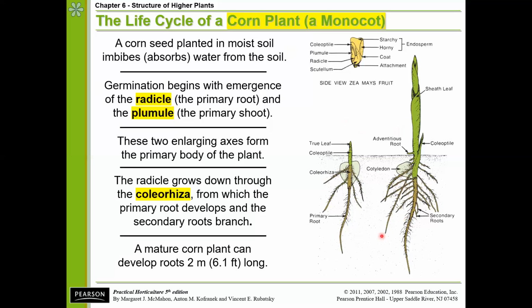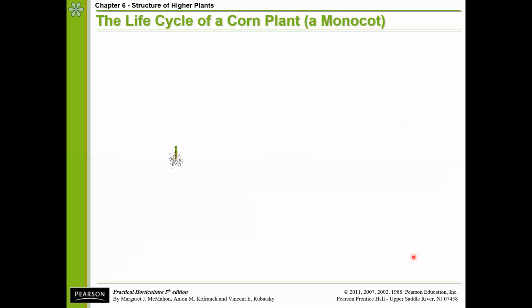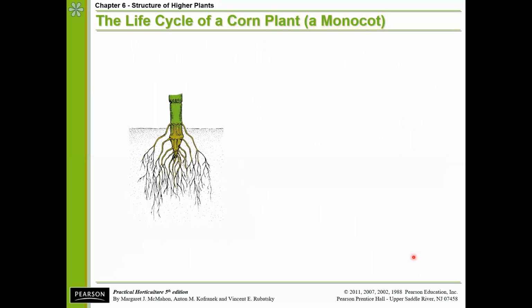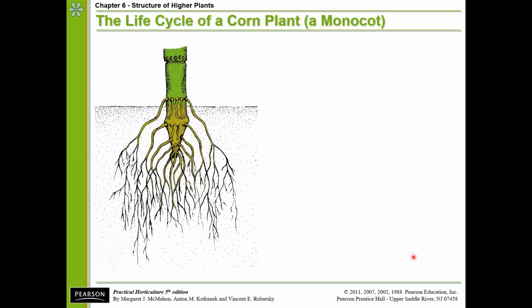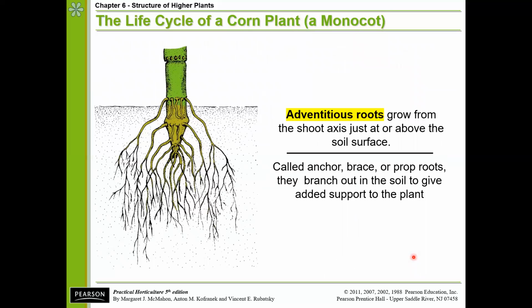So of course, they can develop very long and strong roots as they continue to grow, and a mature corn plant, they say, can develop roots up to 6 feet long. And they're kind of special because it's not only developing these regular underground roots, it also develops adventitious roots.